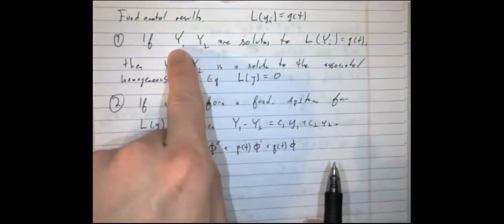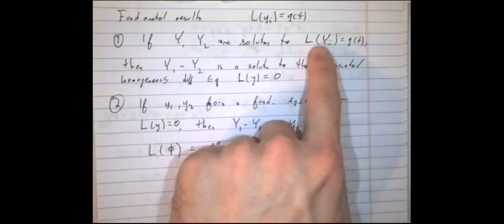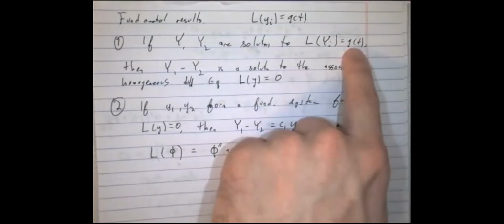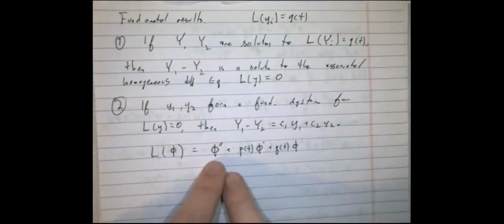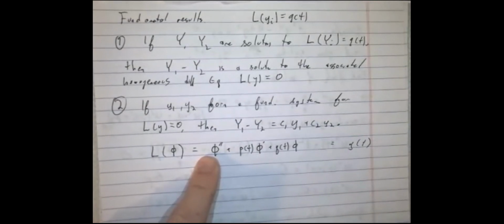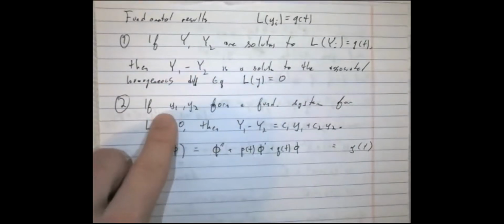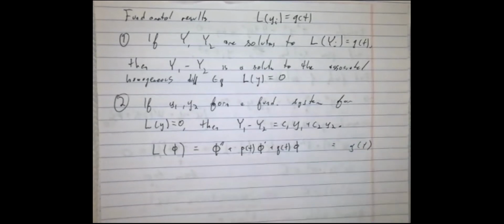So when I say capital Y1 and capital Y2 are solutions to this, what I mean is that when I apply this differential operator, I get back G of t. Whereas little y's, when I apply this differential operator, I get 0. Is that clear? Yep, thank you. Any other questions?